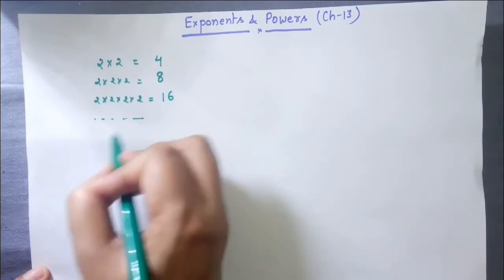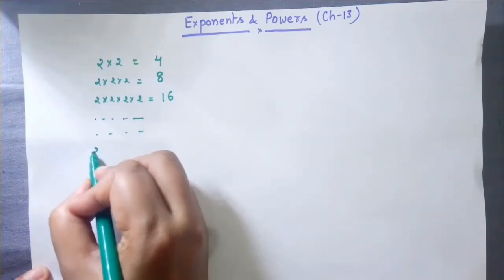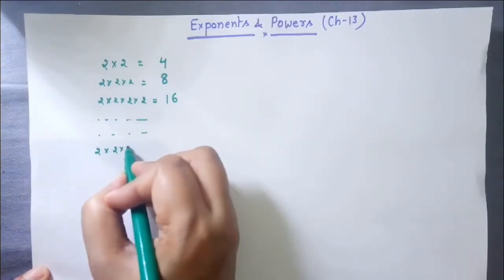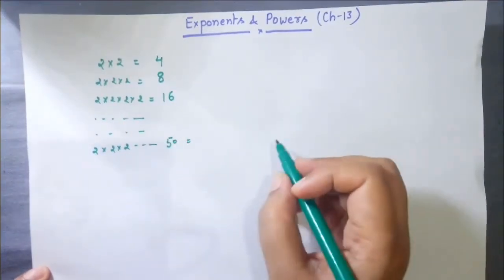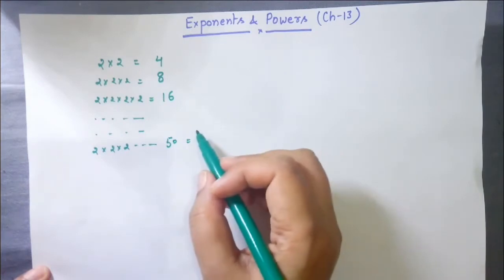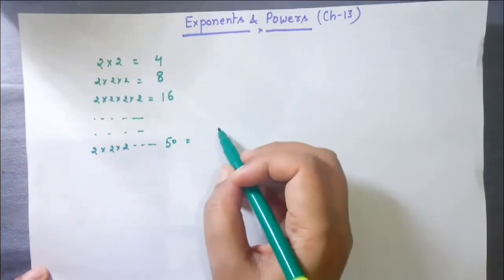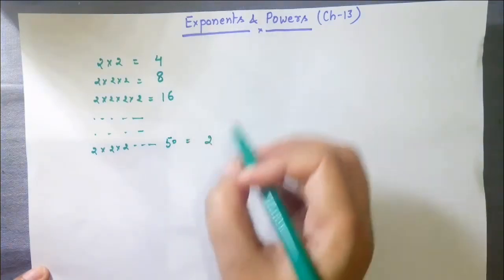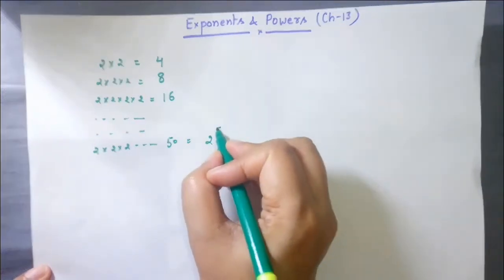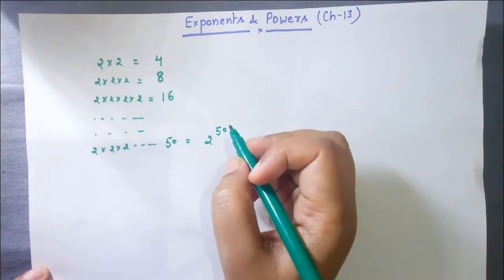Now similarly, by continuing this table, if I write 2 into 2 up to 50 times, this will be a very large number. We cannot say it easily. So we use exponents to describe such big numbers, 2 to the power 50.